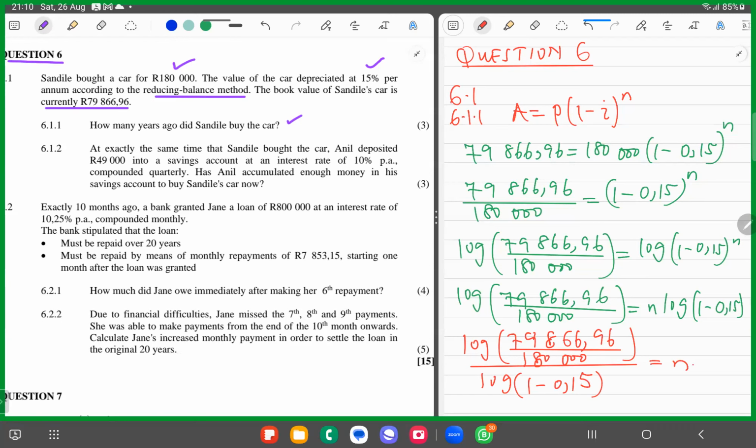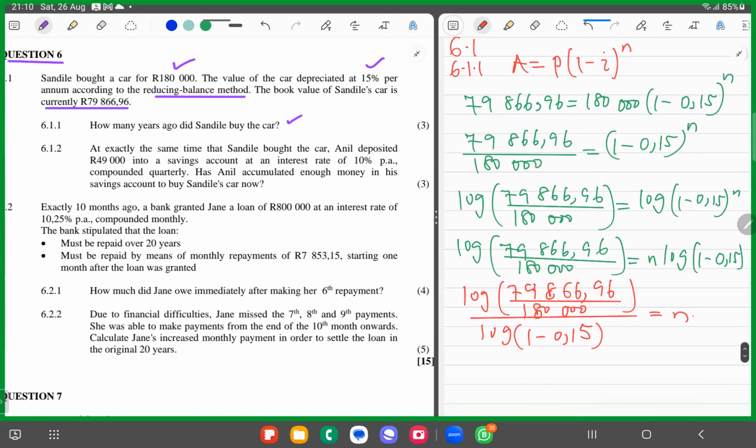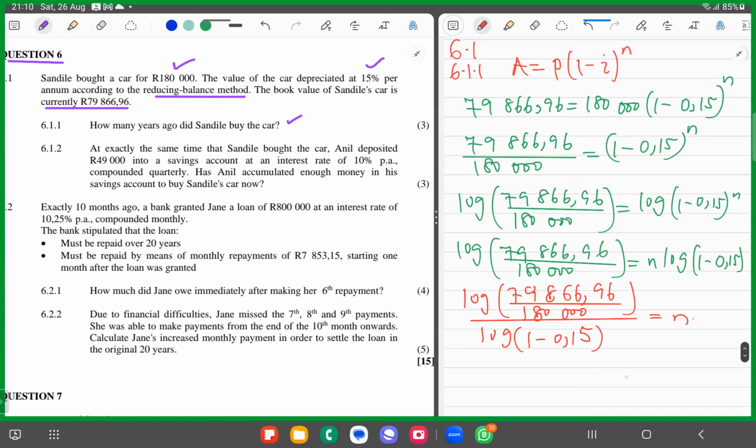Okay, so we're going to use our calculator to simplify this. If you use your calculator, then this is about 4.999 years.